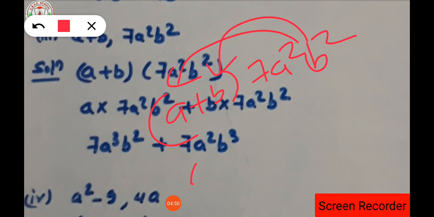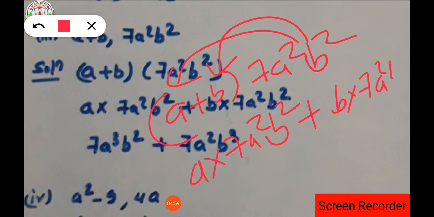Okay, so a into 7a square b square plus b into 7a square b square will be there, isn't it? So the power of a is 1, here the power of b is 1. As here the power of a is 2 and here it is 1, so 2 plus 1 will be how much? 3, isn't it? That means the power of a will be 3.